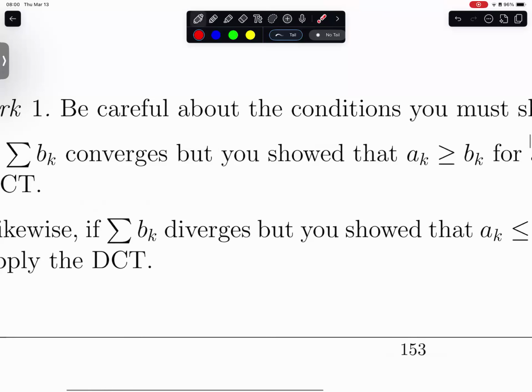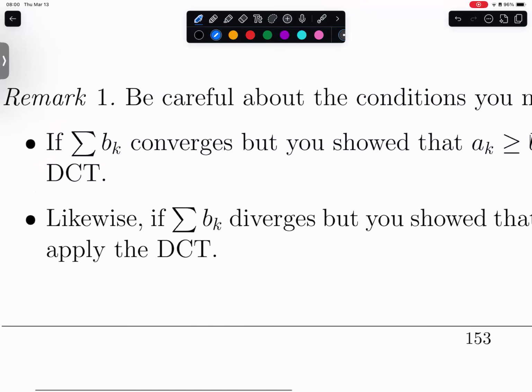Since everything is positive, if a of k is smaller than b of k for all values of k, the sums would still satisfy that. But since the series with b of k converges, it goes to some value x. That's not helpful for determining if the sum of a of k converges.